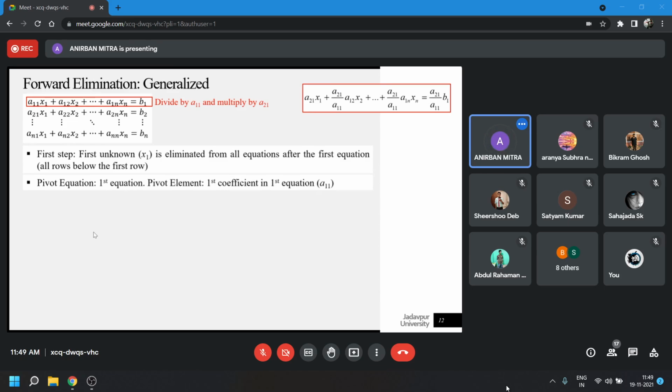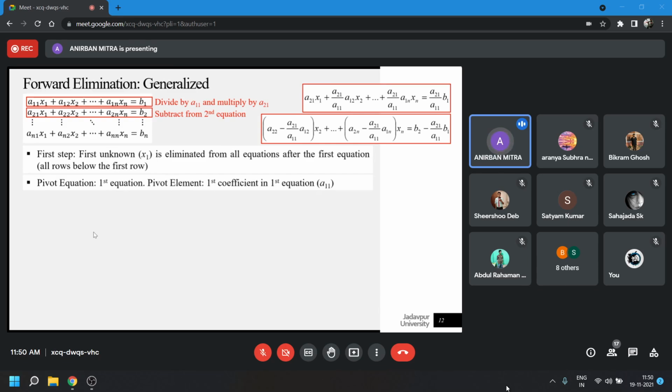Once we divide it by A11 and multiply by A21, we have the modified equation here on the right hand side. Then you subtract it from the second equation. That's what happens here. I think there is no need to explain this in detail. You can see what happens through these calculations by yourself.